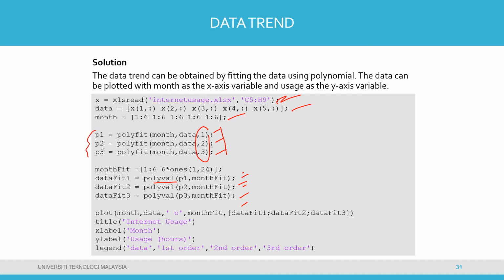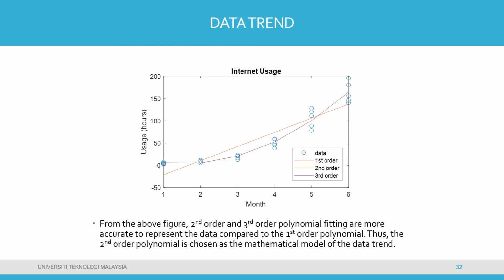And then of course you plot it. You can see here you have the data, first order, second order, third order. You can see which order is more accurate. If you look here, the third order is much more accurate.